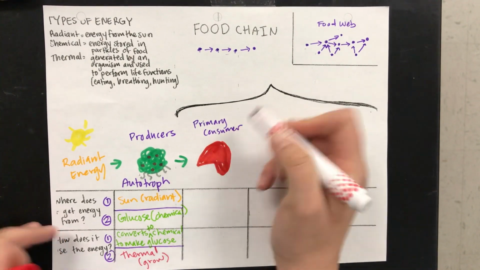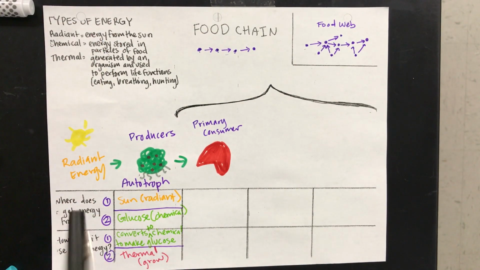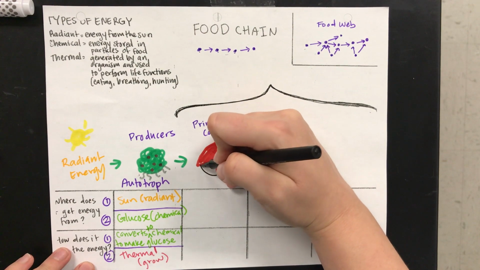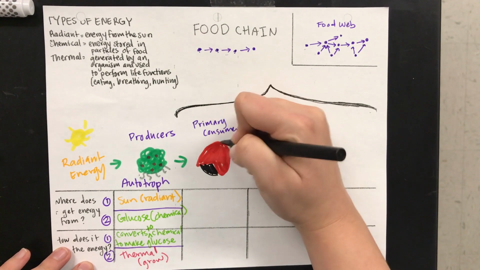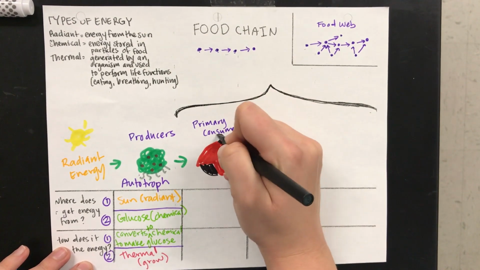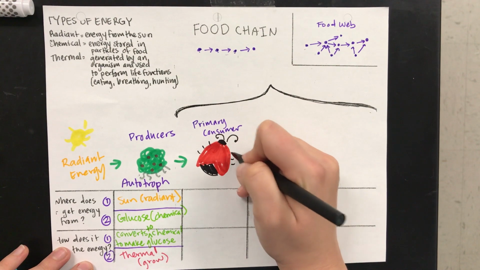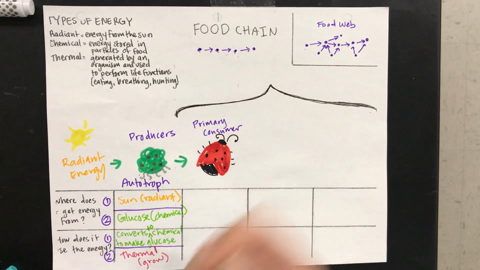I'm going to draw in the bottom part. I'm going to give him a little head, some antennae, some legs, and some dots. So there's my primary consumer.